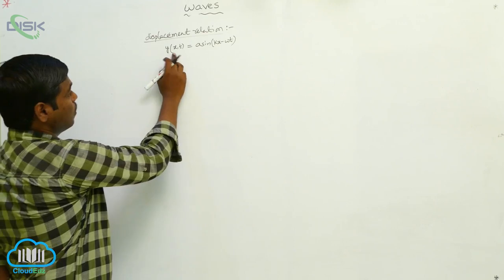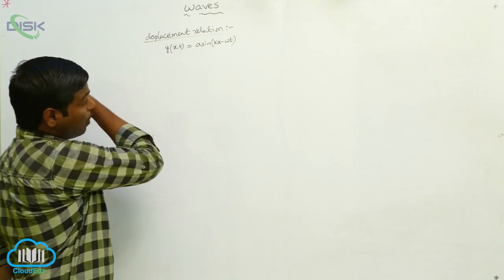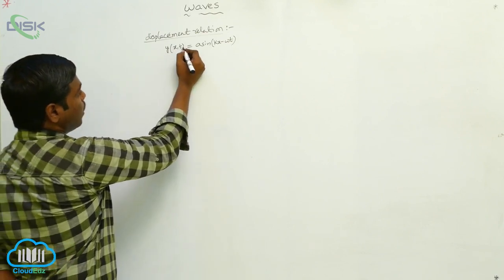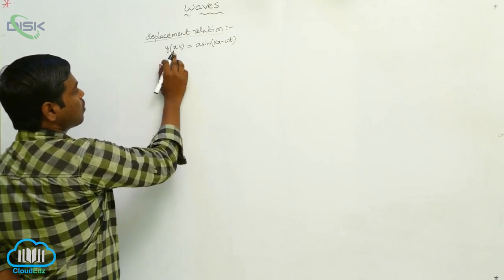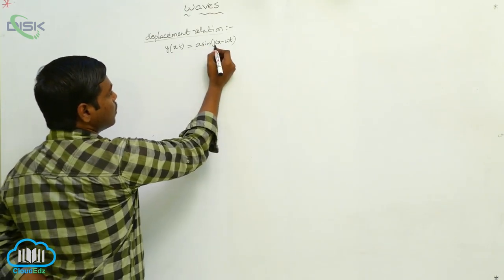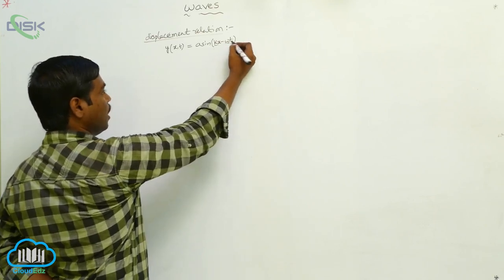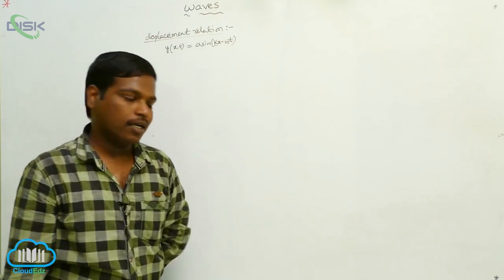Here y of x comma t is the displacement of the particles of the medium, a is the amplitude, k is the wave number, omega is the angular frequency, and t is the time.